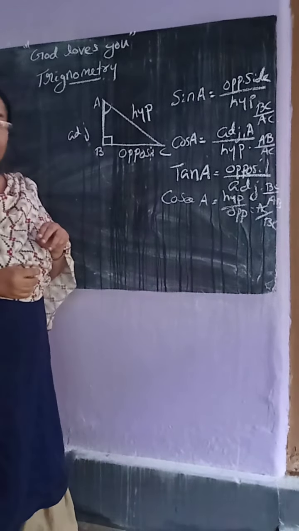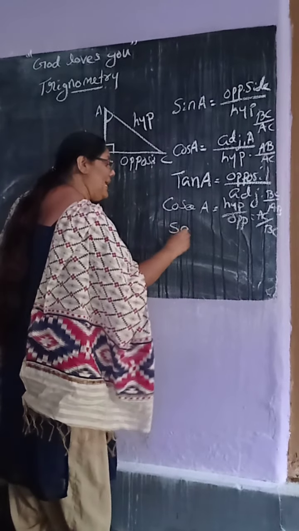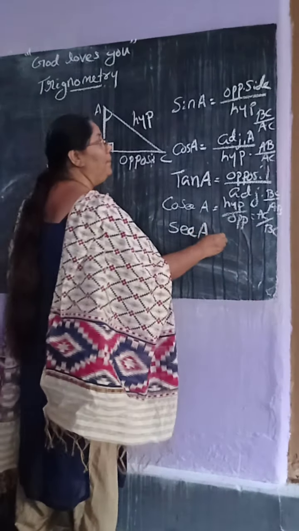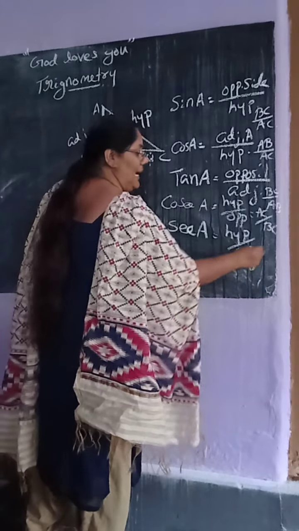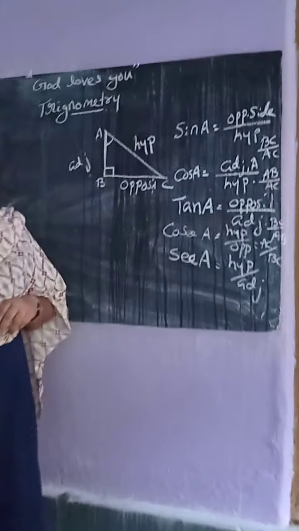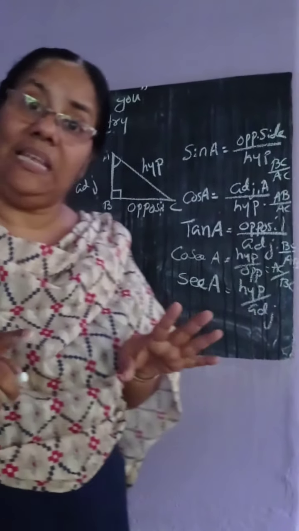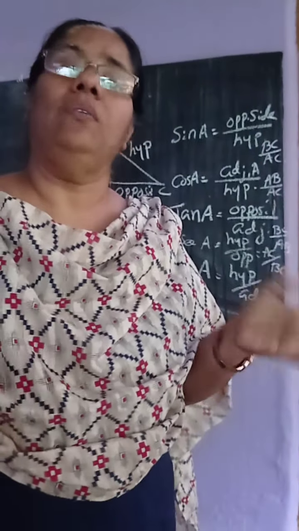Then the fifth one is sec A. Sec A is hypotenuse by adjacent side. Sec is the reciprocal of cos. Cosec is the reciprocal of sine.